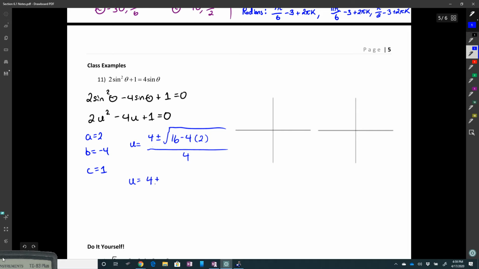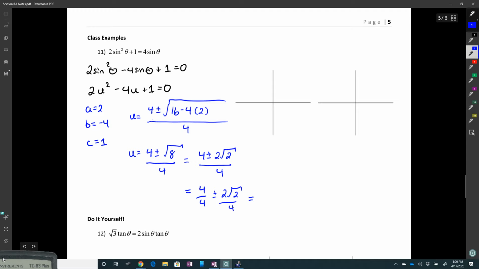So I have 4 plus or minus 16 minus 8 is 8. 4 plus or minus 2 square root of 2. And then you divide each of them by 4. And so that gives me 1 plus or minus square root of 2 over 2.